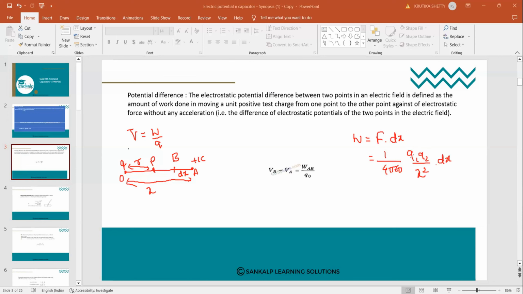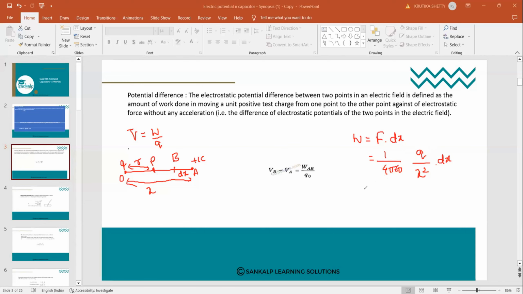Substitute the values of q1 and q2. q1 is q, q2 is 1 coulomb. So the expression becomes q into 1, which I can write as q. So it is q divided by x square. Now I'll integrate this equation.